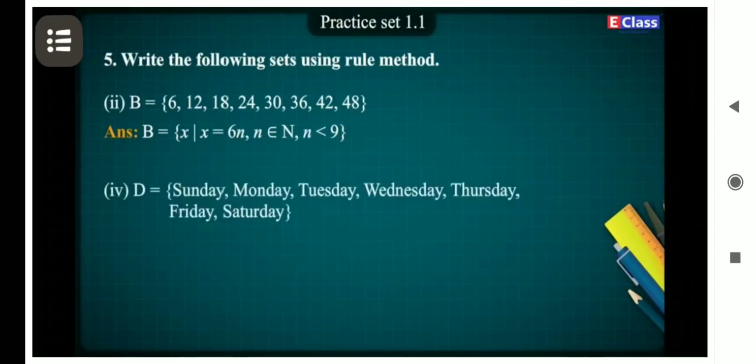D = {Sunday, Monday, Tuesday, Wednesday, Thursday, Friday, Saturday}. Answer: D is a set of z such that z is a day of the week.